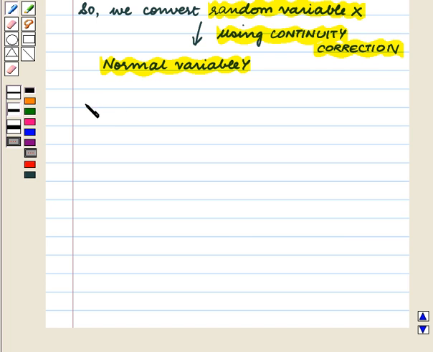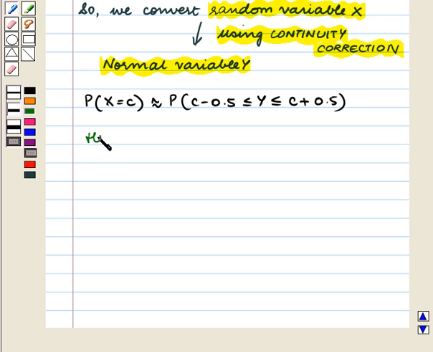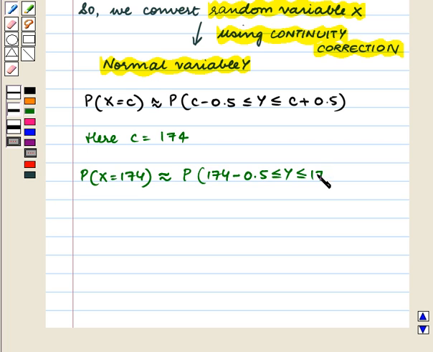We know that probability of x equal to c is approximately equal to probability of c minus 0.5 less than equal to y less than equal to c plus 0.5. Here c is equal to 174, so we have probability of x equal to 174 is approximately equal to probability of 174 minus 0.5 is less than equal to y is less than equal to 174 plus 0.5.